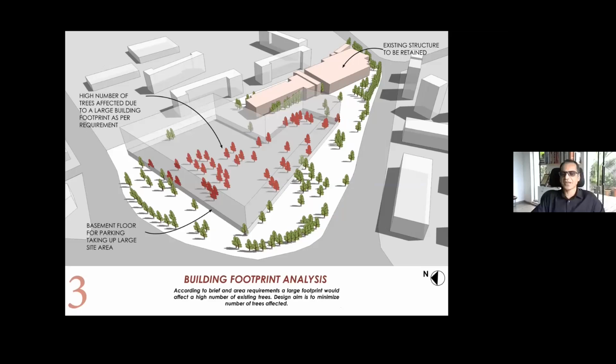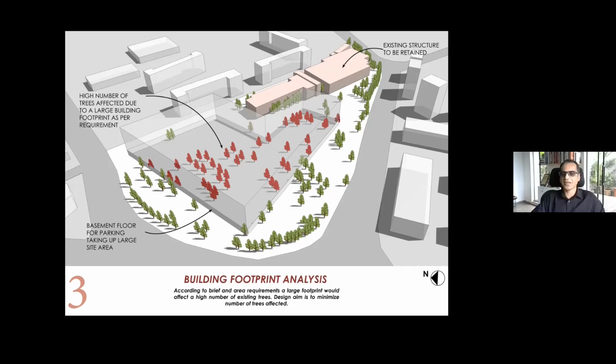A huge requirement of car parking is there. So by conventional planning, one would have gone for a basement, and the floor plate was really going very high. And that was forcing us to cut about 120 trees, which was a menace to sustainability, which wouldn't have been allowed even in a place like Pune, because in Pune, if you have to cut more than 5 trees, the matter goes to the High Court.